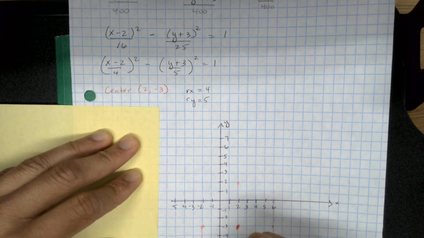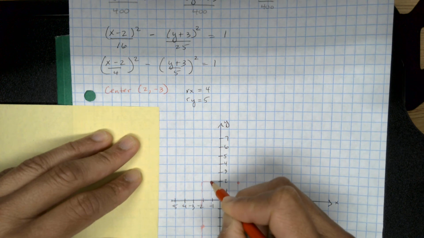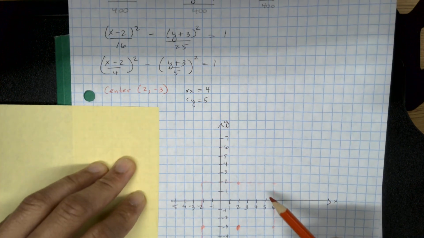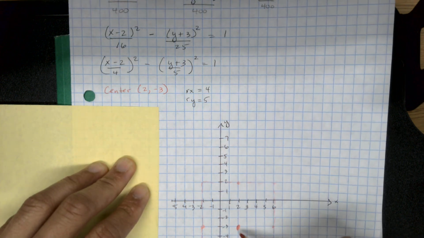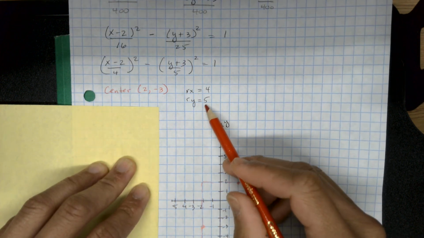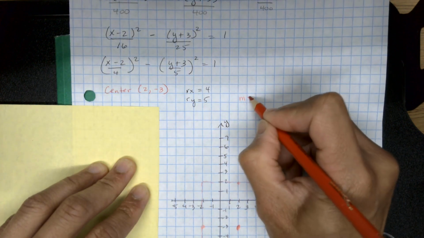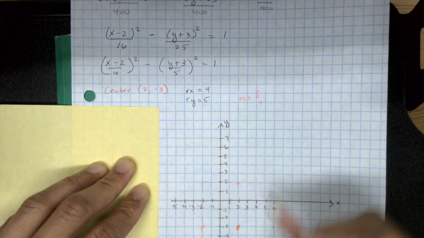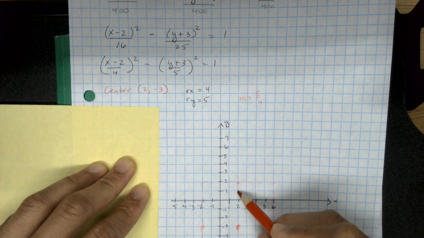So again, this will help us draw our diagonal asymptotes. Now, if you don't want to do the central rectangle, this is really a slope. If you just go 5 units over 4, m is equal to 5 over 4, y over x. 1, 2, 3, 4, 5.